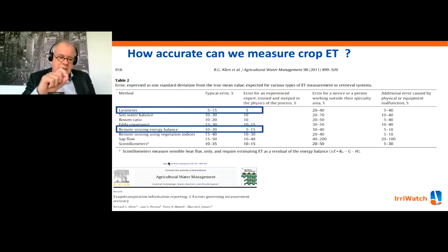What I highlighted here on this slide in blue is that lysimeters have an error of about 5% if managed by an expert. But what is also enlightening is that remote sensing is the second best estimate of measuring crop ET under field conditions, as long as it is applied by experts. If you go to novices or people who work outside the domain, the errors will go up.